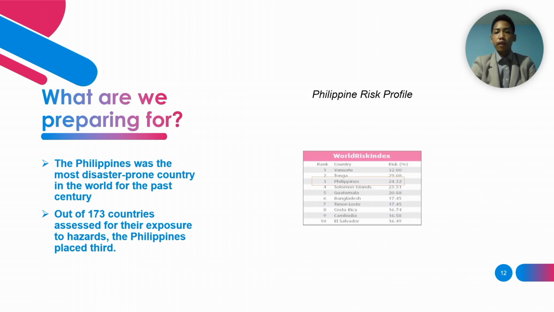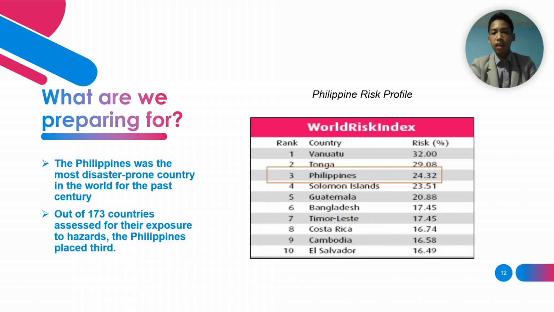Philippine risk profile. This chart shows that in the world, the Philippines is the third most disaster-prone country in the world for the past century. Next is the RP disaster risk profile.